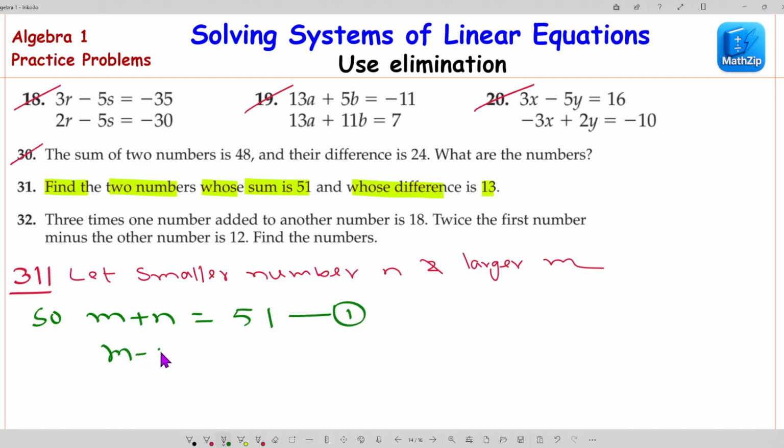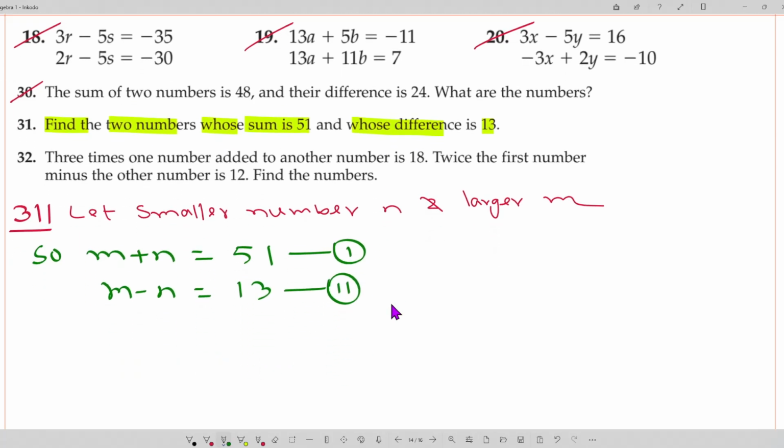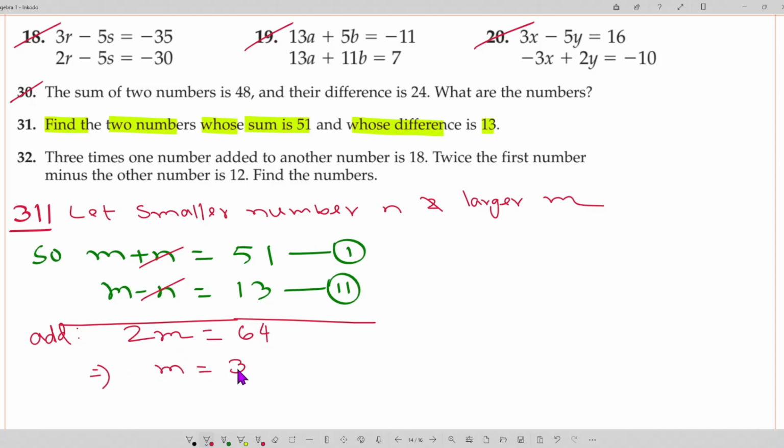Then m minus n equals 13, which is equation 2. We have to find m and n. We can add; plus n and minus n cancel out, 2m equals 51 plus 13, which is 64. We divide both sides by 2, m equals 32, right?